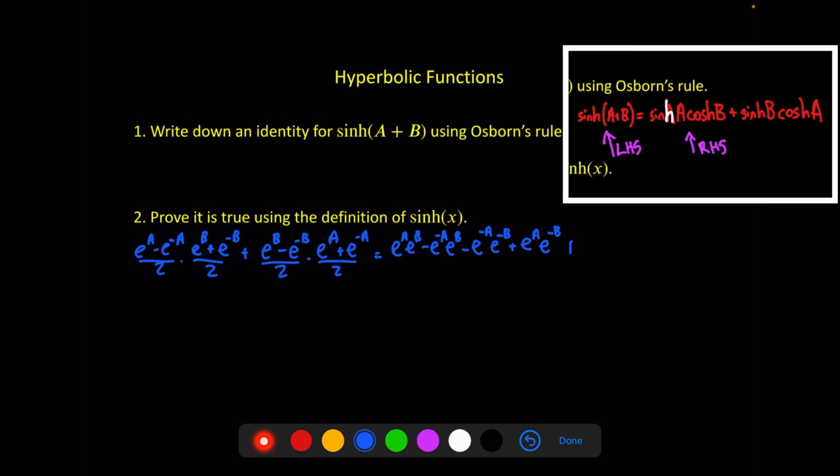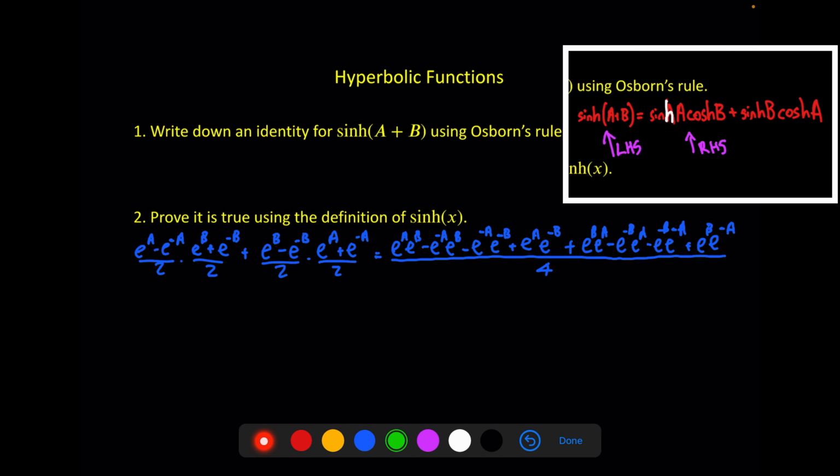And then the second term, we're going to have e to the B e to the A, minus e to the minus B e to the A, minus e to the minus B e to the minus A, plus e to the B e to the minus A. And all of that is making one big fraction because they've both got the same denominator, 2 times 2, which is 4.